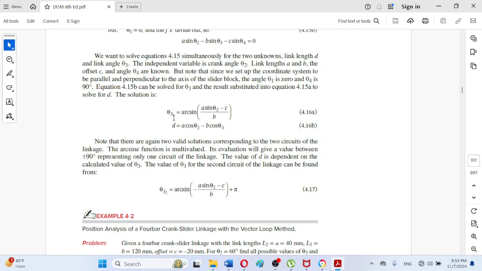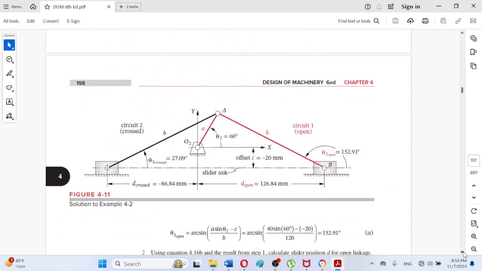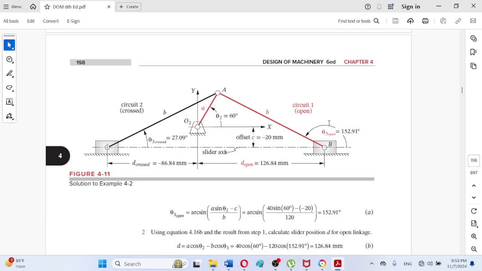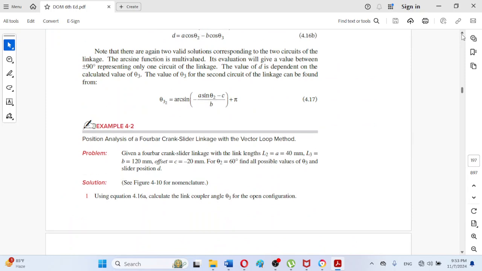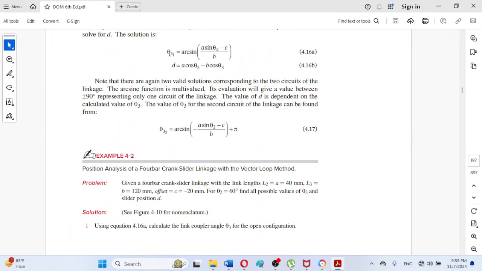Usually it is the practice that theta 3 1 is the right hand side circuit and theta 3 2 is the left hand circuit. But remember, I have verified that theta 3 1 and theta 3 2 can be alternatively used.